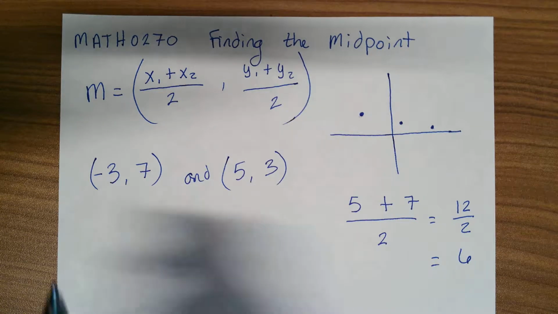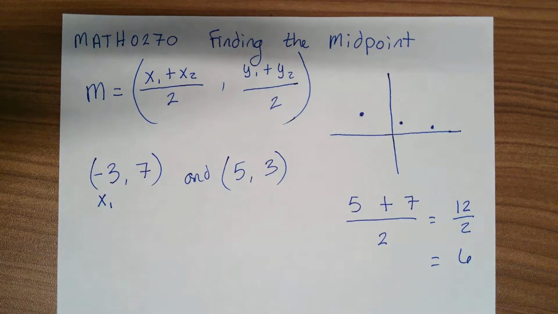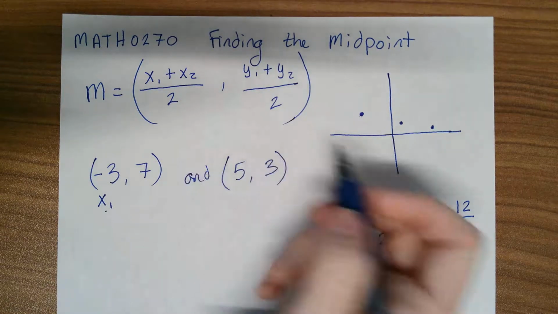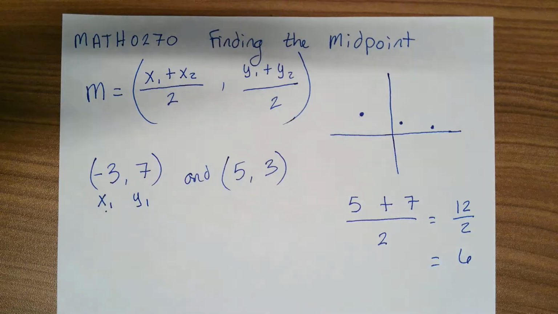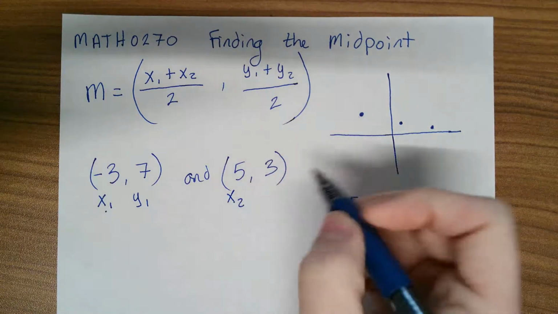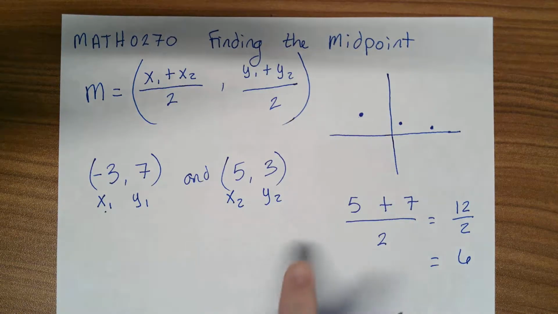So again, I want to label, this is x1, because remember our coordinate is x comma y. So I'll let -3 be x1, which means 7 is y1. And in my second point, I'll let 5 be x2 and 3 be y2. And now we'll just plug them in to find our midpoint.